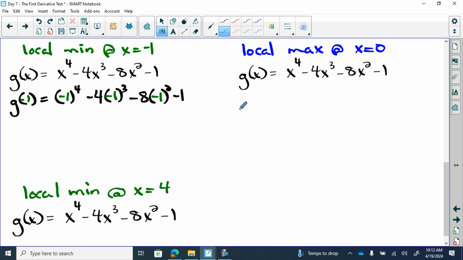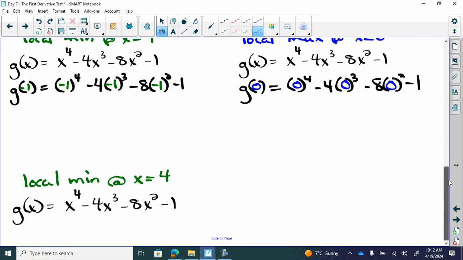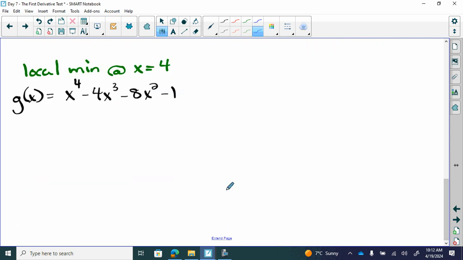And over here, I'm going to replace all of the x's with a 0, and I'll figure out the function's height. And in the last one, I'll replace them all with a 4.